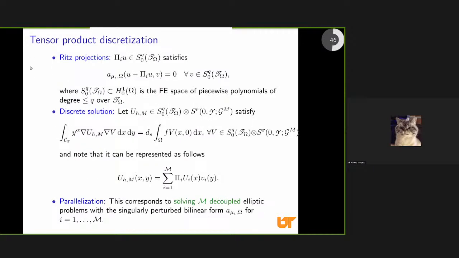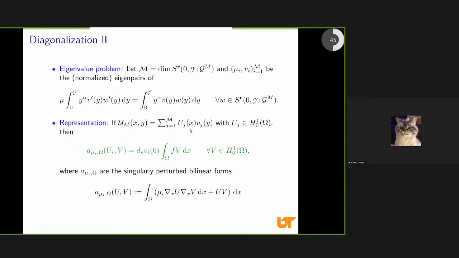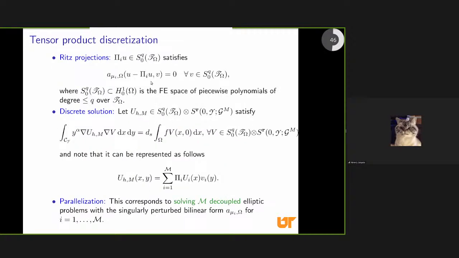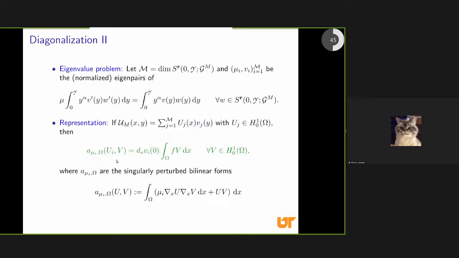And now you can discretize independently each one of these capital U's by solving, as in all the approaches that we had before, a convection diffusion problem. These capital A's, this little a mu, are these bilinear forms. The mu is the eigenvalue. And so again, it's a diffusion reaction problem.